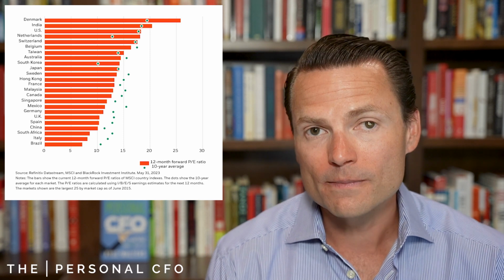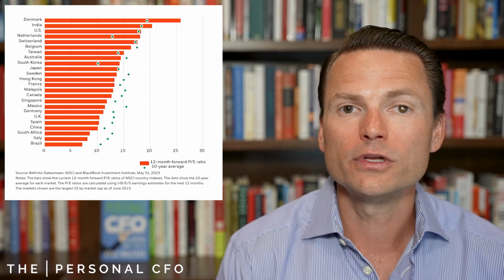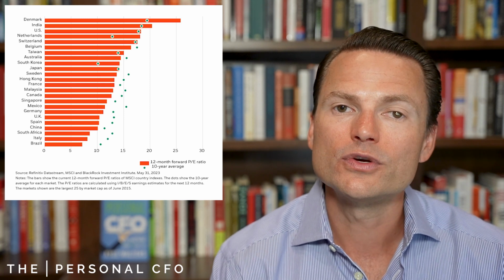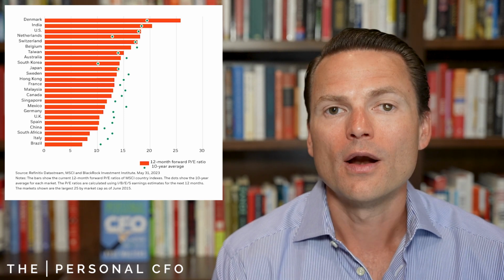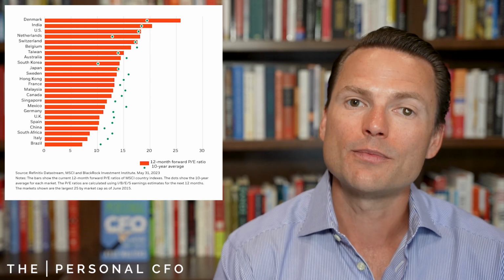All the way down at the bottom, you have Brazil, where the orange-red bar is the lowest, which means it's cheapest relative to other countries. But if you look at that green bar, it's actually lower than its 10-year historical average. So it's cheap relative to other countries. It's also cheap relative to itself, okay? Where the price you're paying per dollar in earnings is lower than you've historically had to pay.